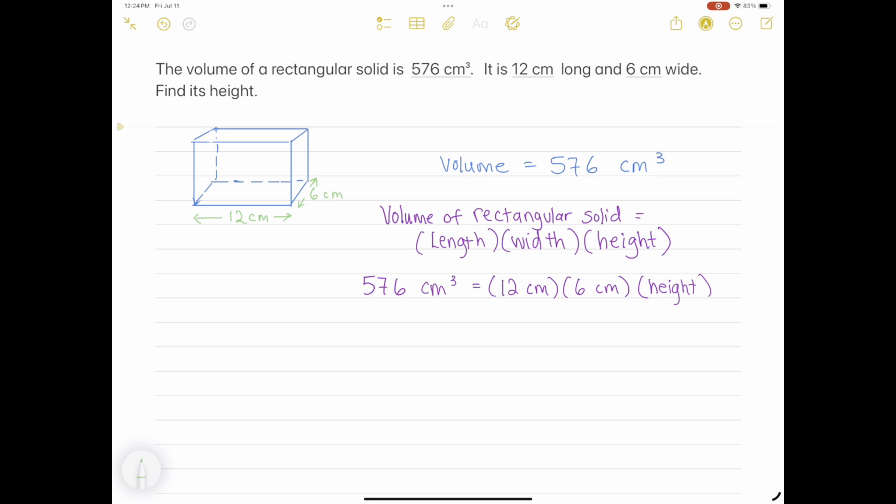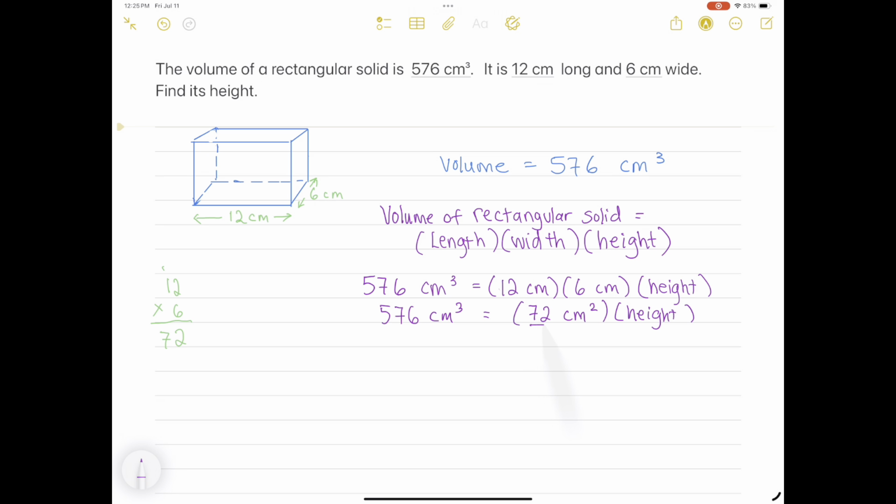So I start by multiplying 12 centimeters times 6 centimeters, and I do that equation on the side. 12 times 6 equals 72, and I write 72 on the line below, and I also write centimeters squared for centimeter times centimeter. Always include your units in your calculations. Times height equals 576 centimeters cubed.